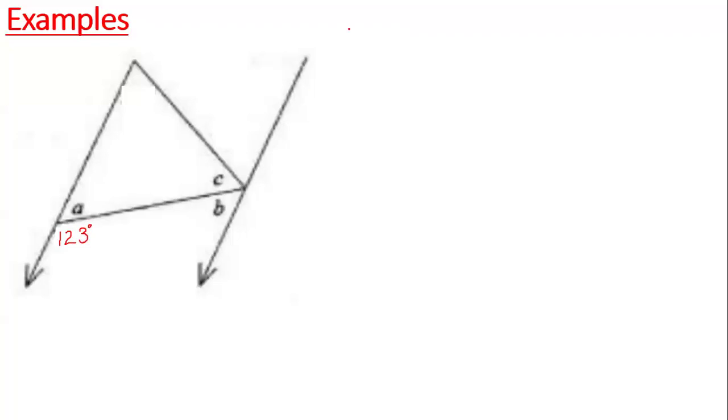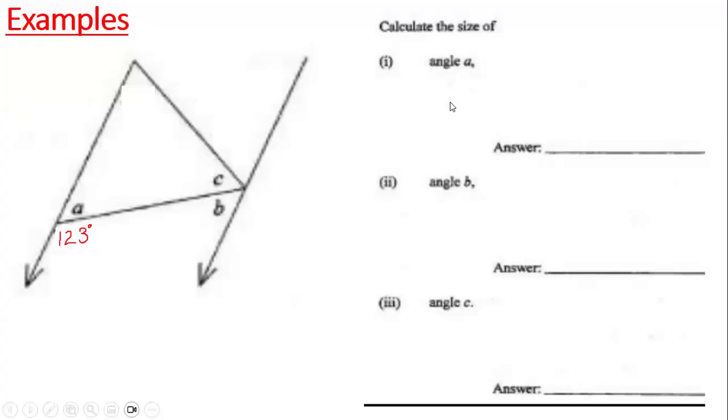That's all the information I give you, and I want you to figure out what is X. What is A, B, and C. I only tell you that that's 123. Based on that information, figure out what is angle A, B, and C. Write this down for me, please.